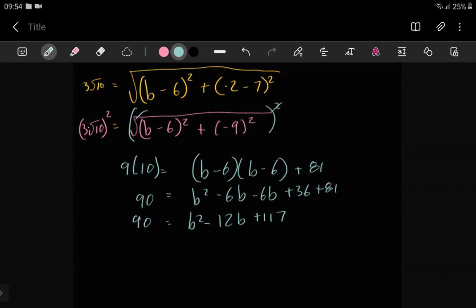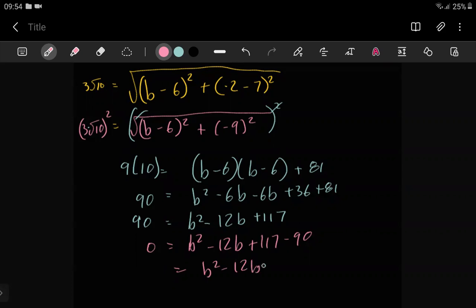Anyways, everything on one side, we're going to have b squared minus 12b, and then 117 minus 90, which is 27.